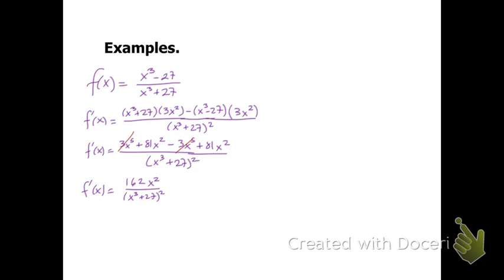Some students ask me, do I have to take the square of x cubed plus 27? If you want to, you can do that, but I think I can leave it like this. I'm not going to simplify anything, so I can leave it like this.